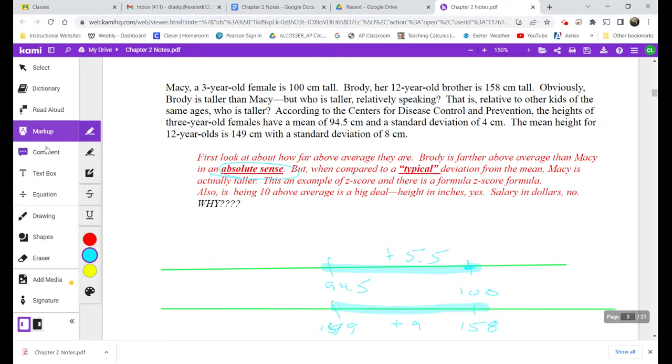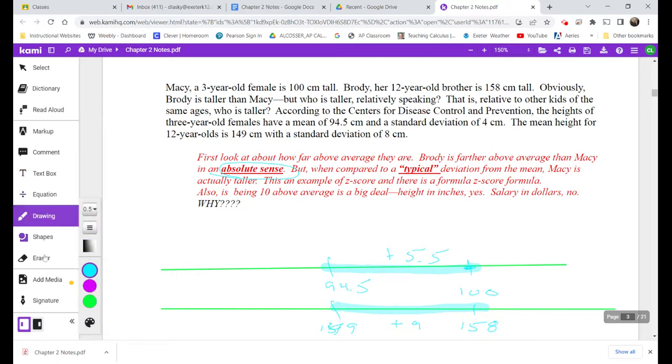But when we look at this, we have a piece that we know about, but we don't know how to use it yet, and that's standard deviation. I'm going to put the standard deviation in red. For the boys, we have a standard deviation of 8. So if I go 8 away, that's 157.